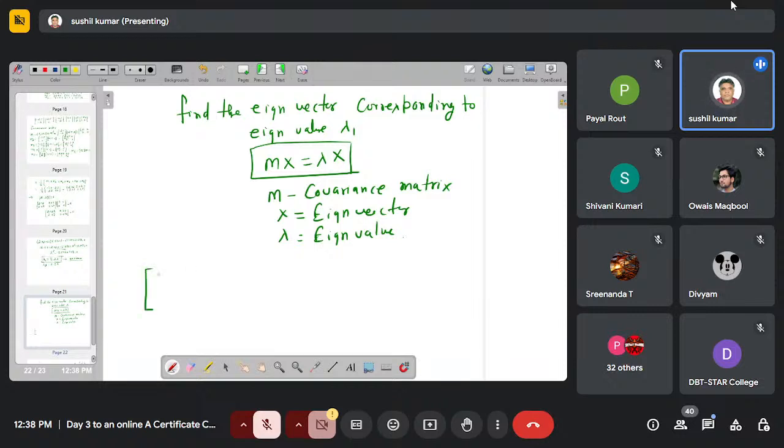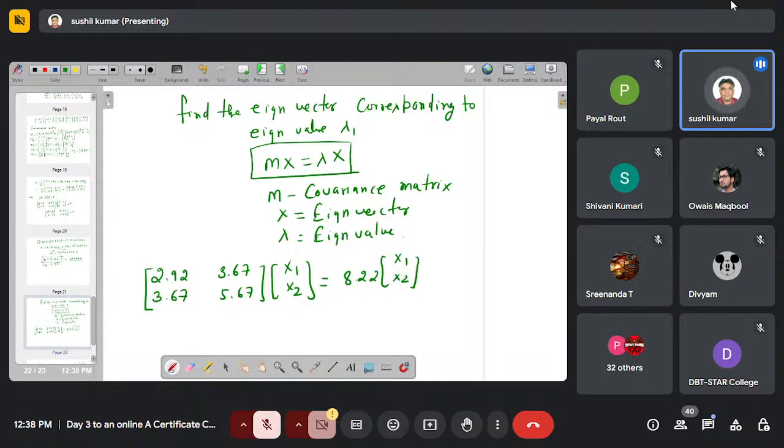So it will give you 2.92, 3.67, 3.67, 5.67, times x1, x2, and you already know this, it is 8.22 times x1, x2.